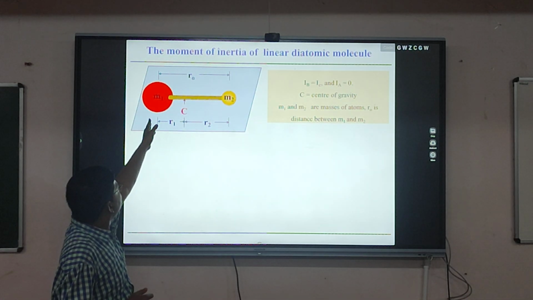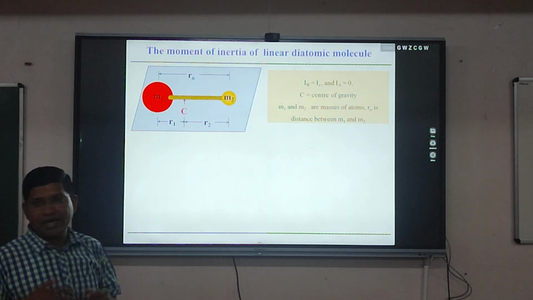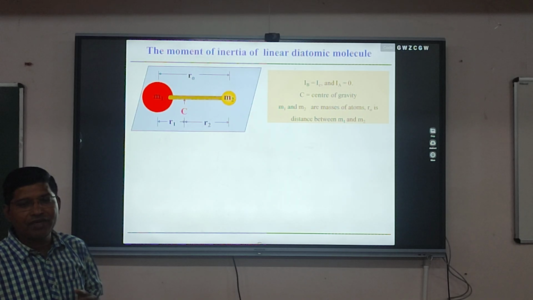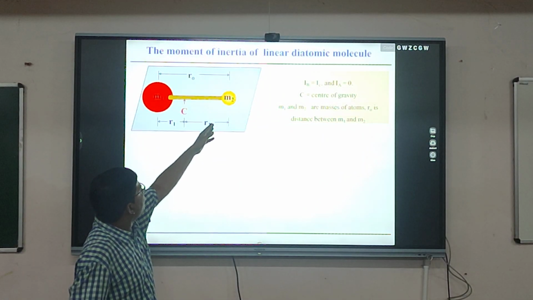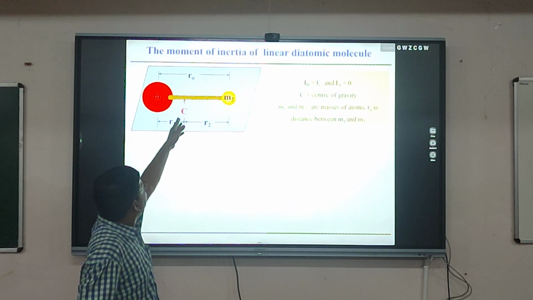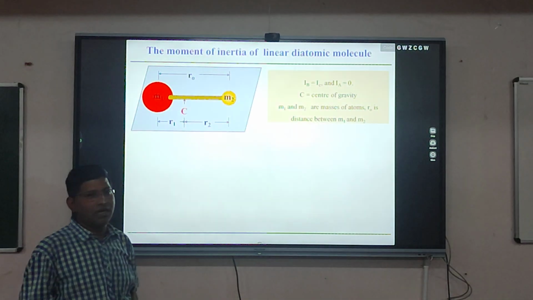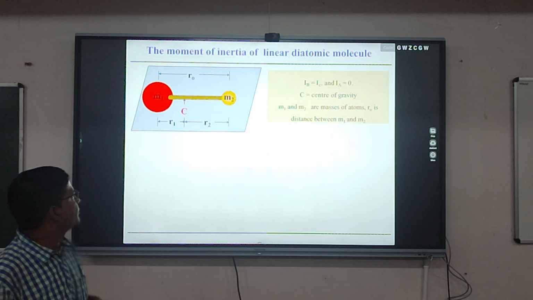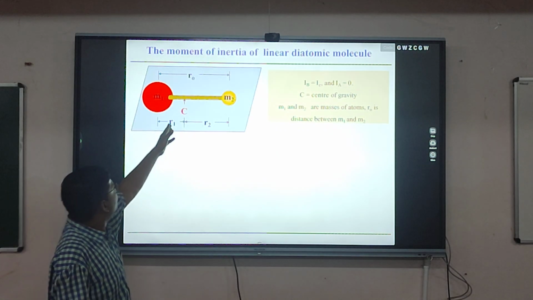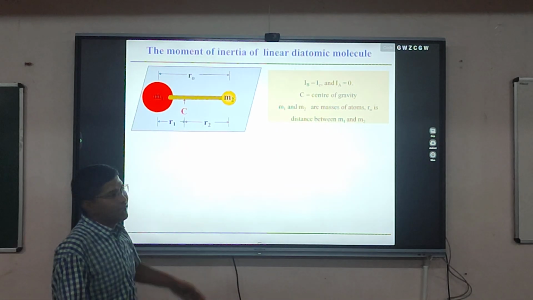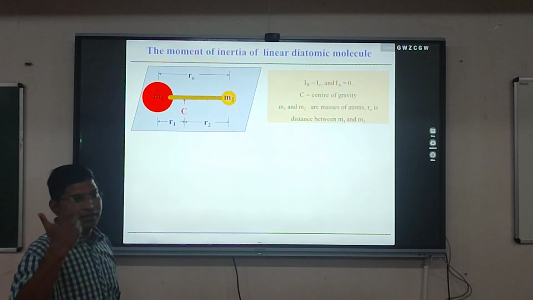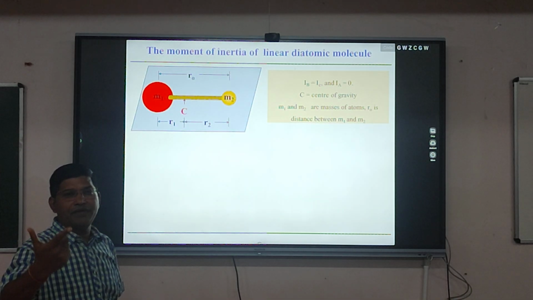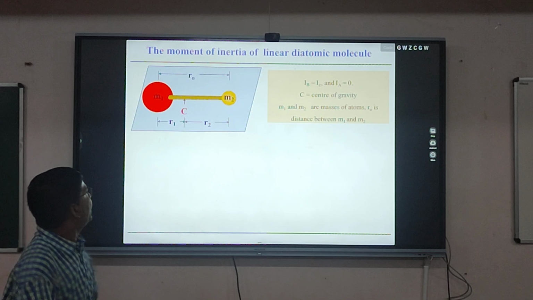Suppose M1 is the heavier mass of an atom and M2 has the lesser mass. Then the center of gravity between the two atoms in the molecule is towards the heavier mass.